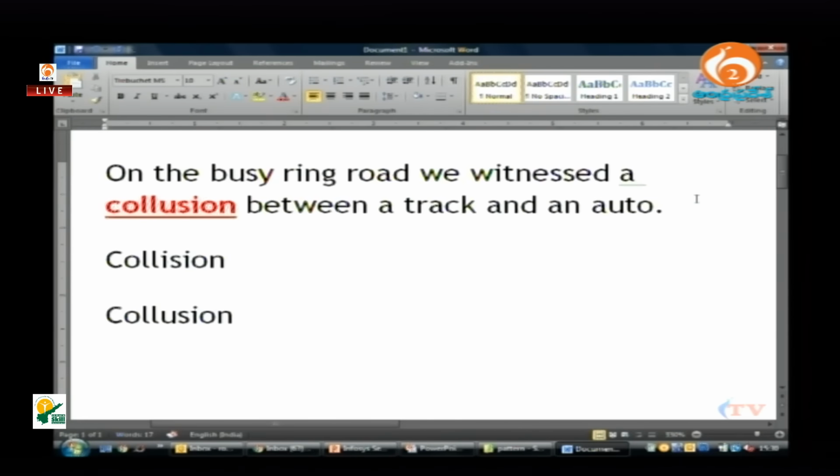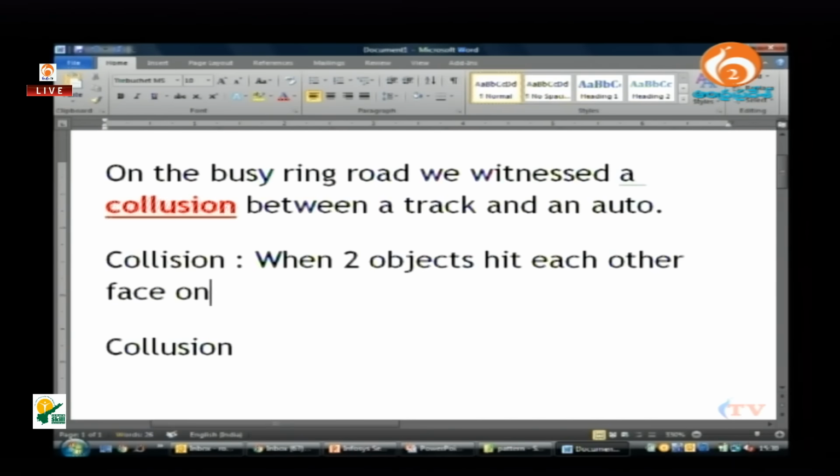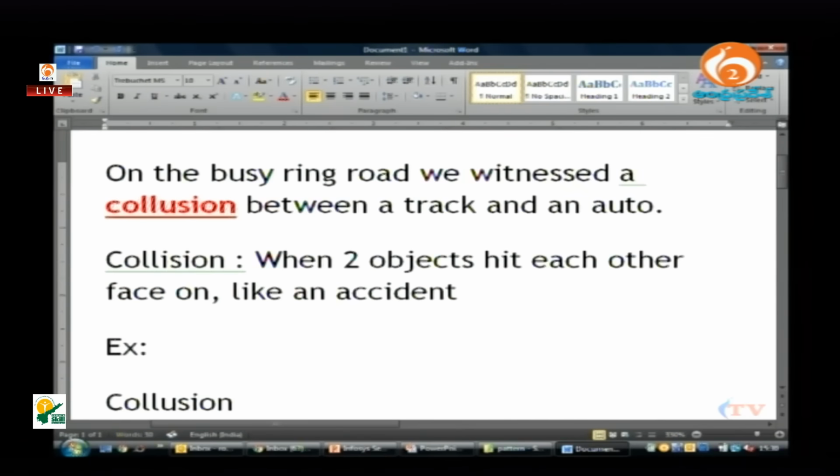No, it does not mean the spelling is incorrect. Collision is a word, collusion is also a word. Collision means when two objects hit each other face on, like an accident. Example, the truck collided with the auto.